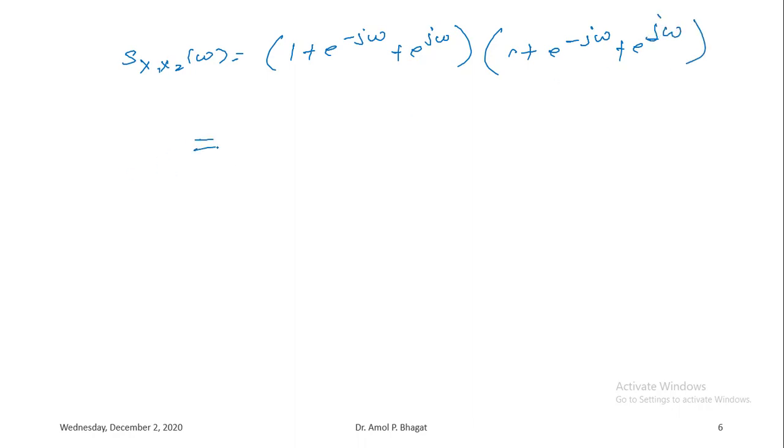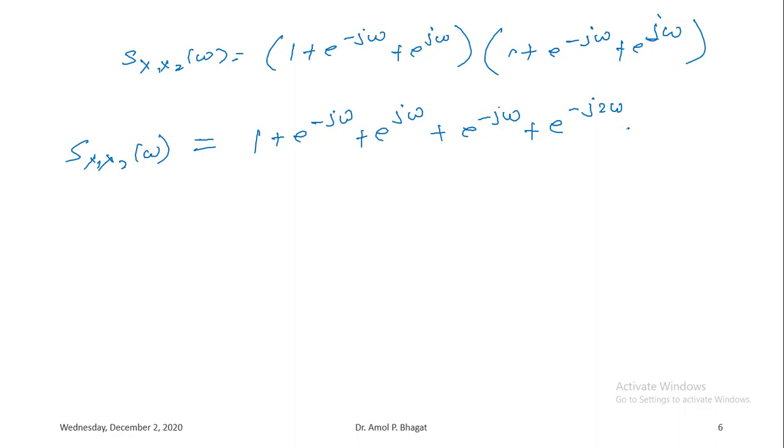After multiplication, we multiply 1 with the whole bracket: 1 plus e to the power minus j omega plus e to the power j omega. Then e to the power minus j omega with the complete bracket: e to the power minus j2 omega plus e to the power 0 plus e to the power j omega. Then e to the power j omega with the bracket, plus e to the power 0 plus e to the power j2 omega.